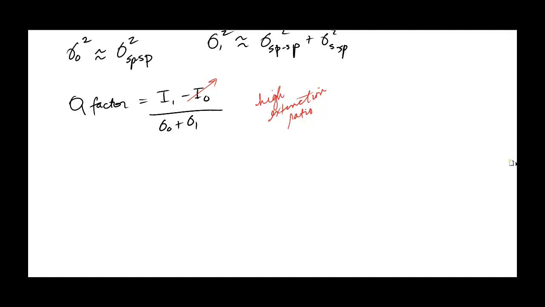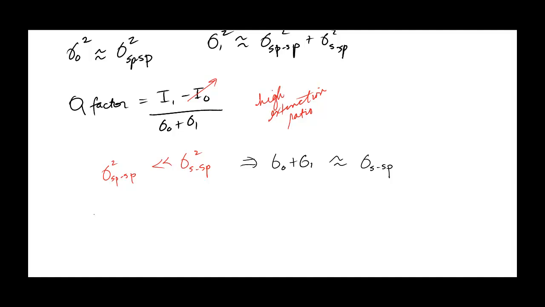I'm going to assume that when we're working at 10 to the minus 4 the transmit power will be higher than the ASE power, probably quite a bit, and I'm going to make the approximation that the spontaneous variance is much smaller than the signal spontaneous variance. If this is the case, then sigma 0 plus sigma 1 is approximately just sigma signal spontaneous. In other words, I'm neglecting the spontaneous noise.